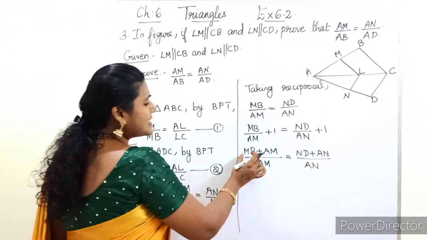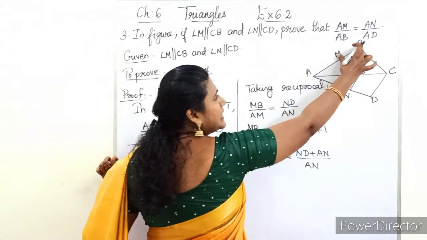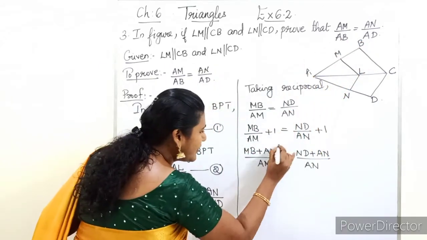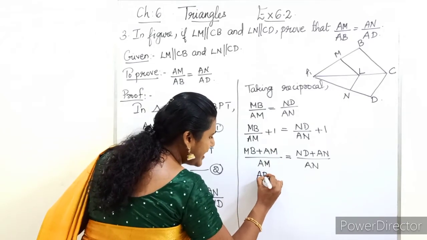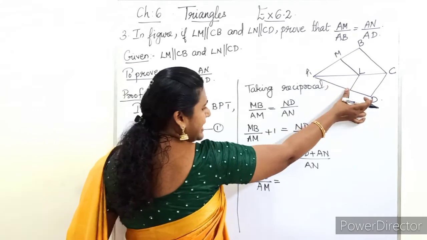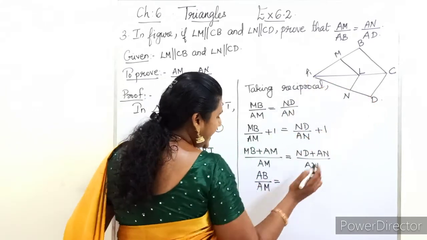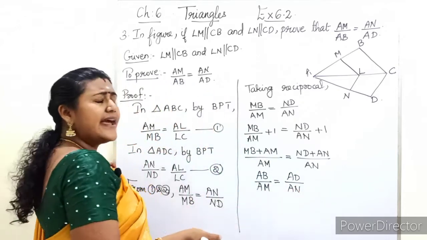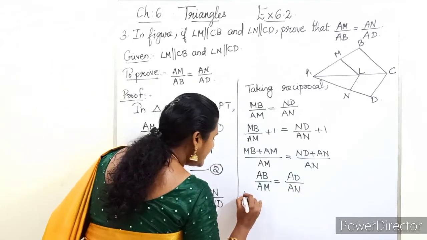Now we will see what is this MB plus AM. MB plus AM is nothing but the full side AB. So instead of this we can write AB. So AB by AM is equal to, similarly ND plus AN is the side AD. So AD by AN. Again we will take reciprocal.